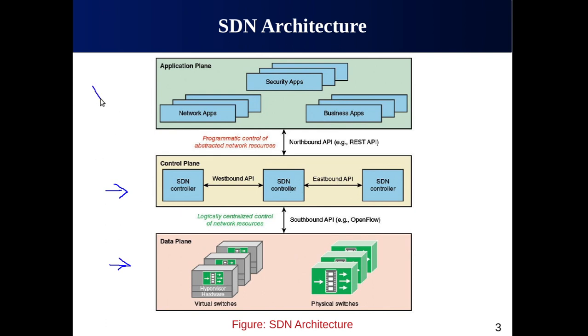Now for today's lecture, we will explore the application plane in detail, and we will see different types of applications which are related with security, network services, and also some business applications related to data center, cloud computing, and information centric networks. So this is going to be the focus of our presentation for this week.